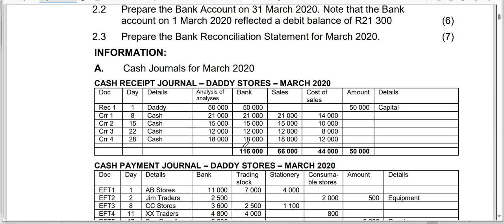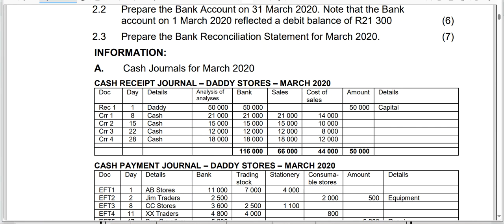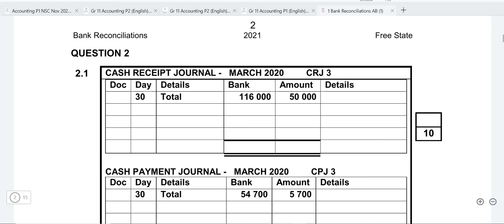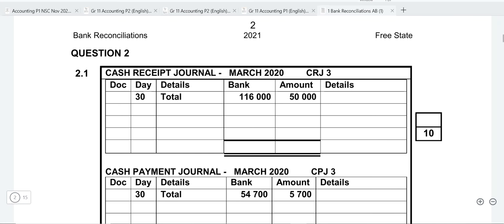Okay, so we are going to the answer book. Our CRJ is 116,000, which they've already entered for us. And if you check our sundry account, the total is 50,000, so it was already done for us. So obviously both on the side of the CPJ and CRJ, the work has been done.